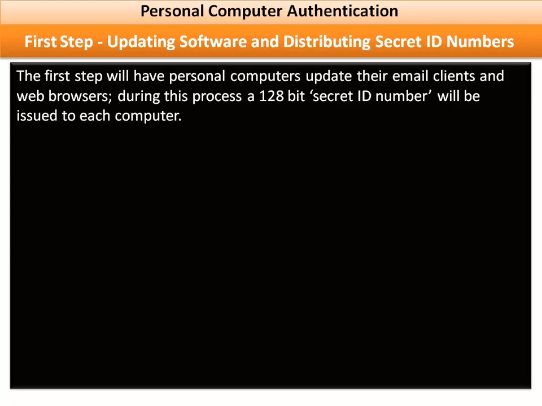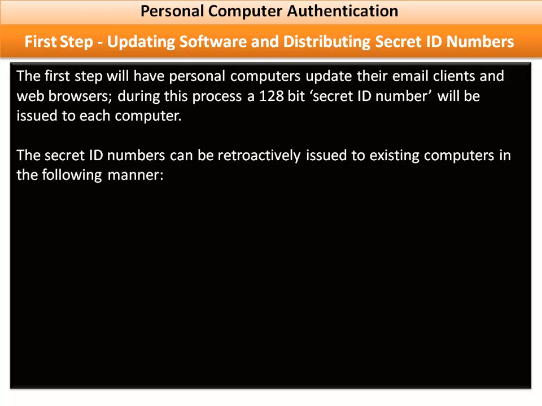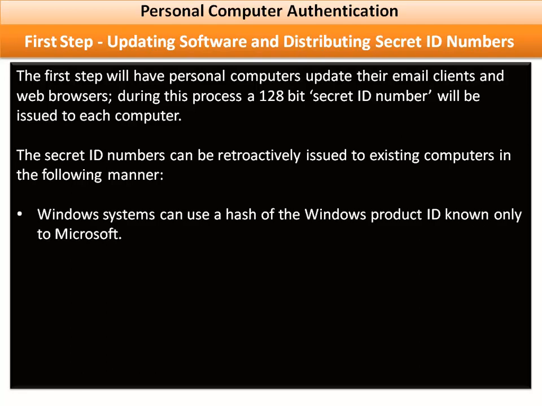Now, the first step in instituting personal computer authentication is having personal computers update their existing email clients and their existing web browsers. During this process, a 128-bit secret ID number will be issued to each computer. The secret ID numbers can be retroactively issued to existing computers in the following manner.